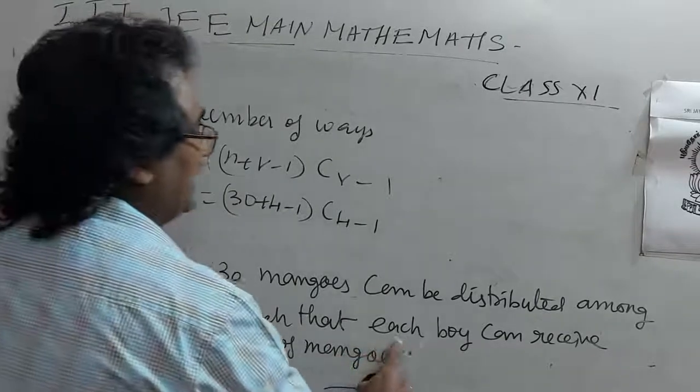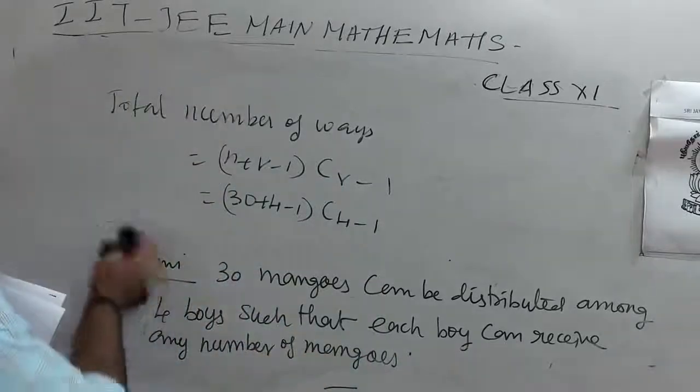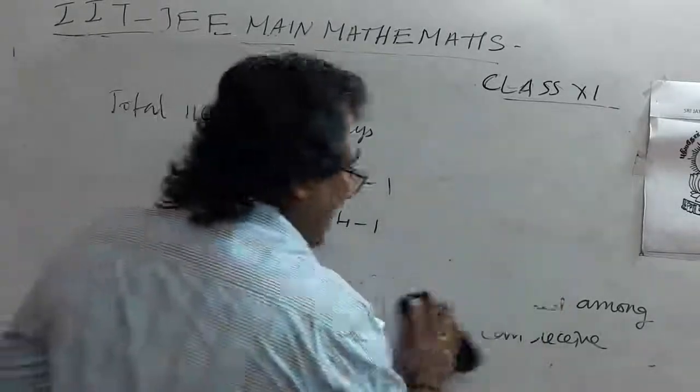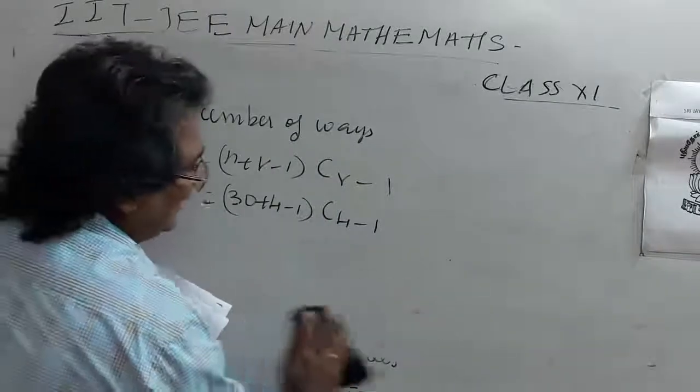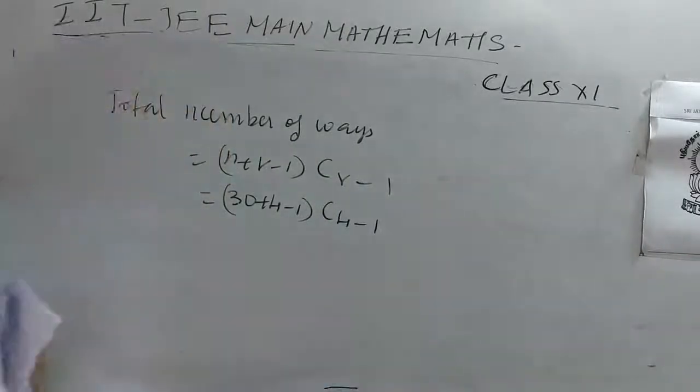Any can receive any number of mangoes, that means even blank is applicable. Suppose one person may not have any mango, that means 0 mango, one person can get it.